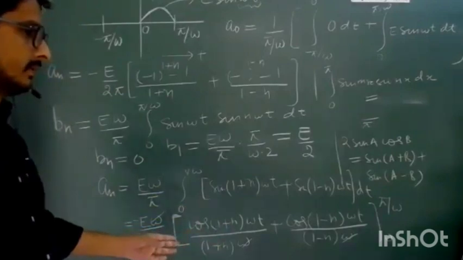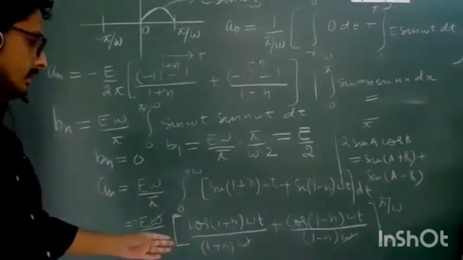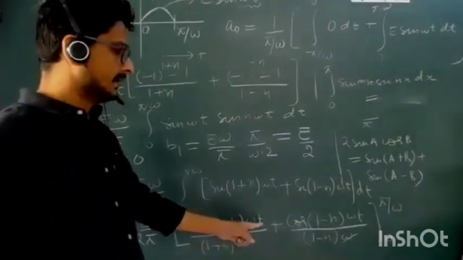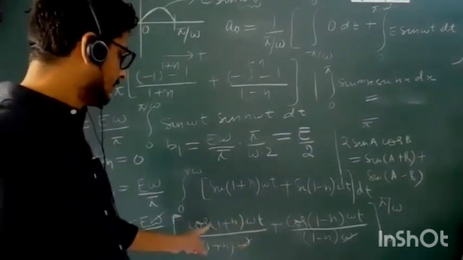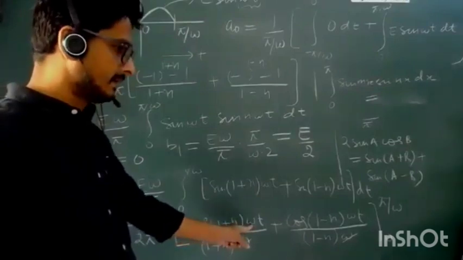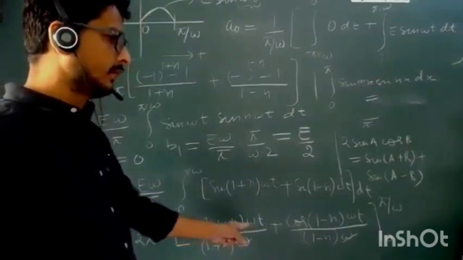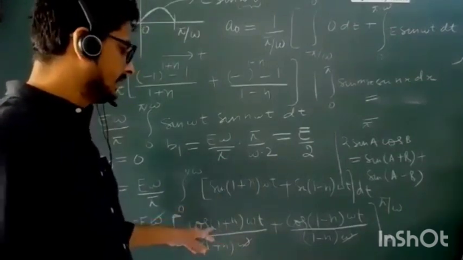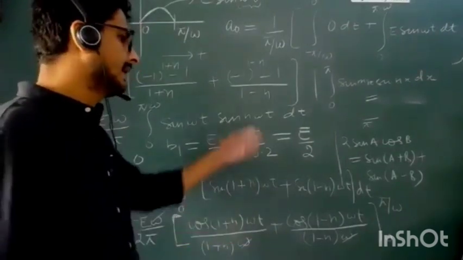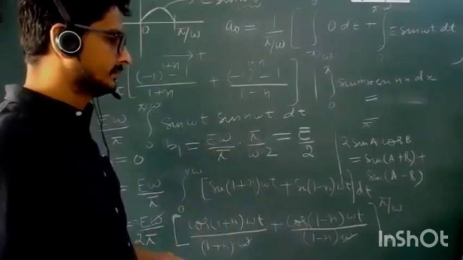No sir, this cos 1 plus n omega t. So t will be pi by omega. Omega will cancel, so it will become cos 1 plus n pi. So what is cos n pi? Minus 1 to the power n. So it is cos 1 plus n pi, so it will become minus 1 to the power 1 plus n. Okay.